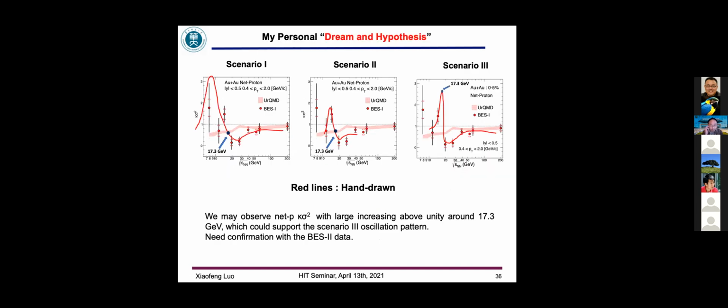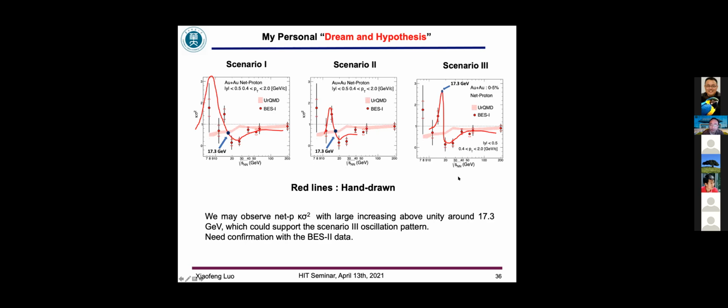So that's why there are three scenarios. Actually, this is my personal dream and hypothesis. In scenario 1, the 17.3 GeV point may just sit smoothly in between these two energies. In scenario 2, it still sits smoothly between these two energies, but the peak structure is here.